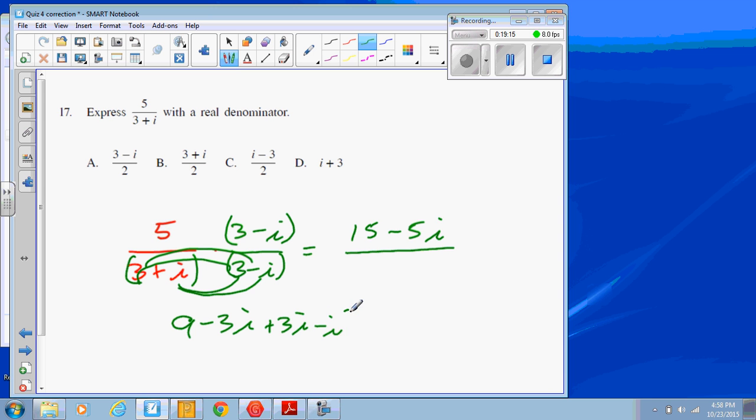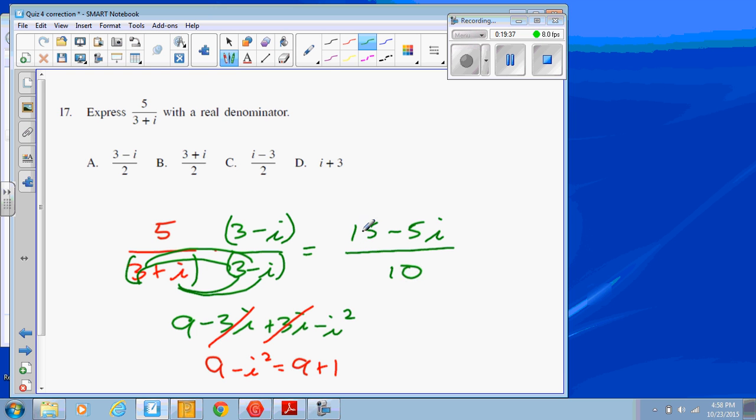minus i squared. So again, as always happens with conjugates, these are going to cancel out. I have 9 minus i squared, which is 9 plus 1. Minus the negative 1 is 9 plus 1. So the bottom of this fraction is 10, and I don't see that there. Mathematically, we should split it up, but they didn't up here.